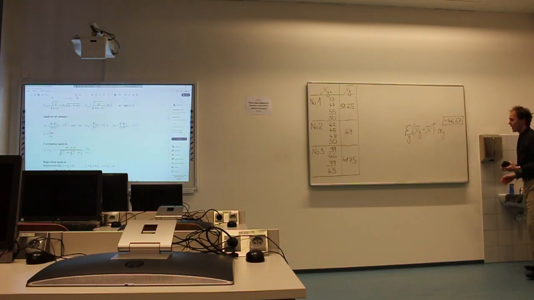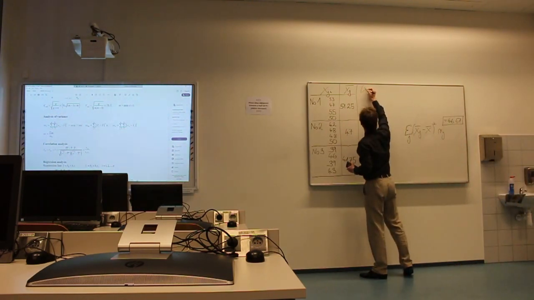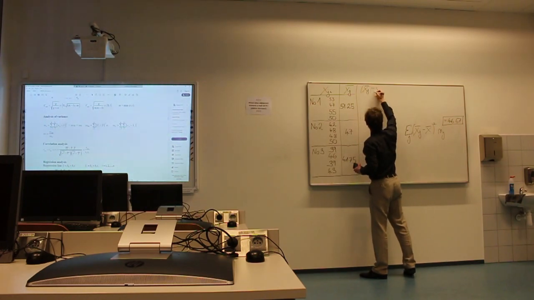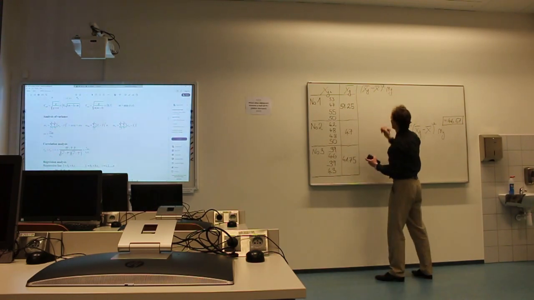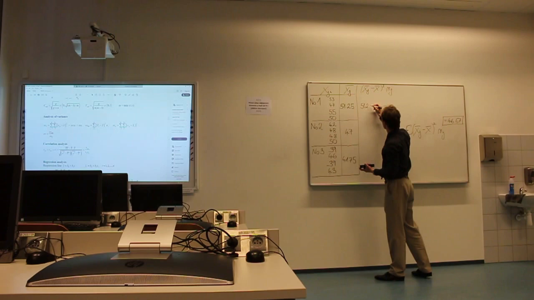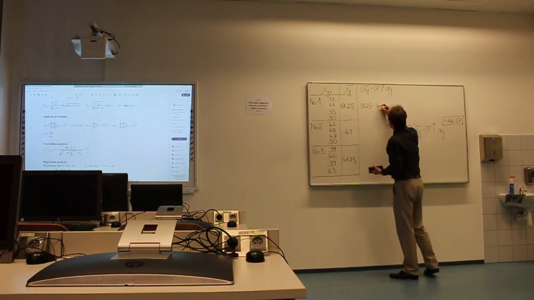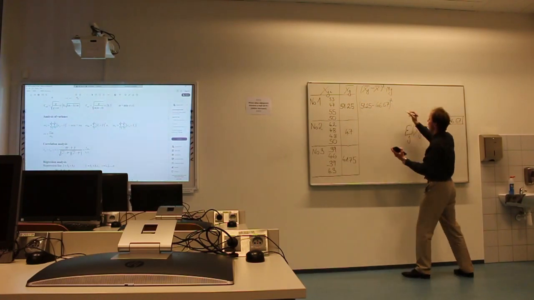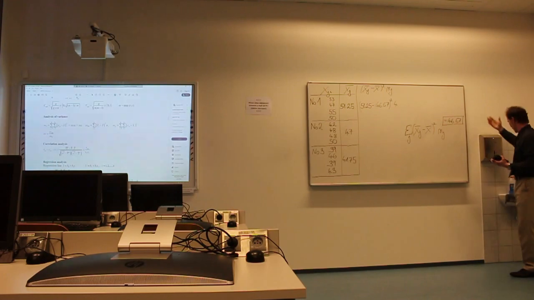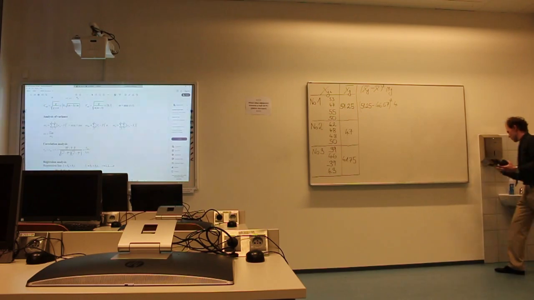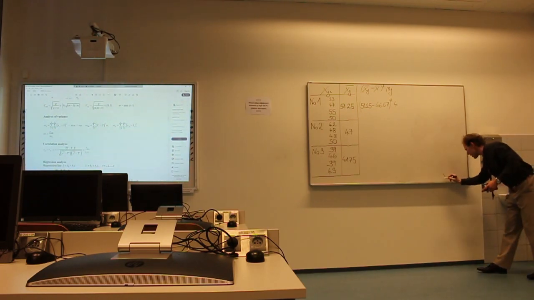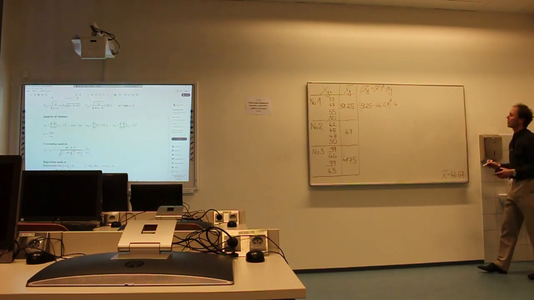There is a total mean, so x_j with stripe minus total mean squared, weighted by n_j. What is here? 51.25 minus 46.67 squared, weighted by 4 students. I will write the total mean here: x with stripe is equal to 46.67.